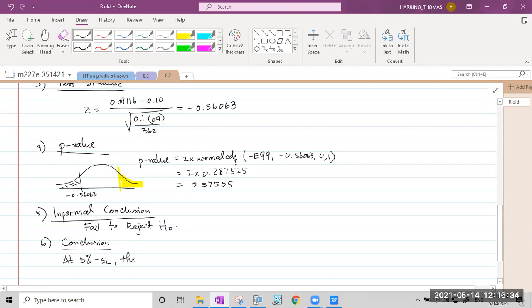Okay, there is insufficient evidence to reject the claim. The rate of inaccurate orders is 10%.